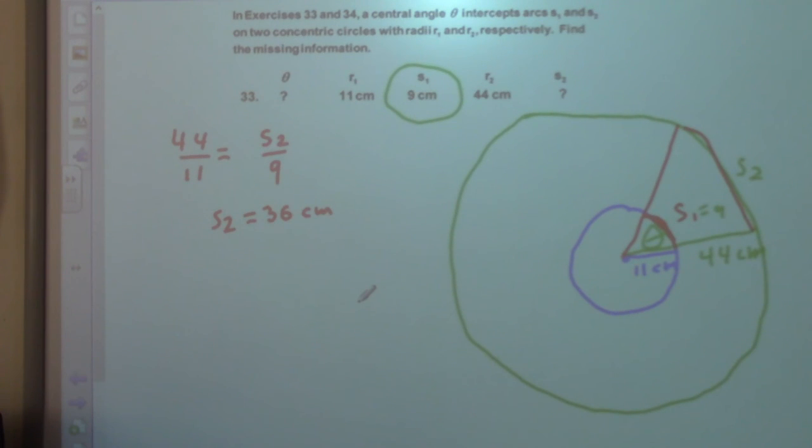S1 or S2? S1. Just do S1 and R. Okay, 9 and 11. That one, I'll do that. Okay, that's easy.